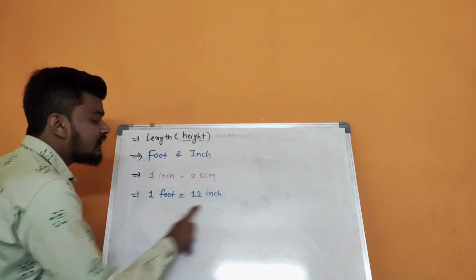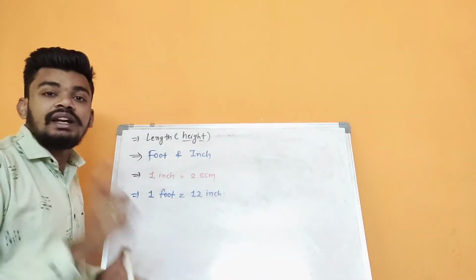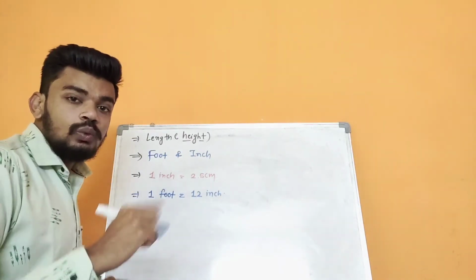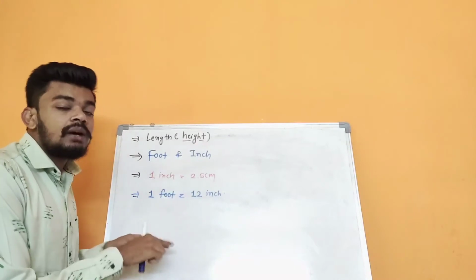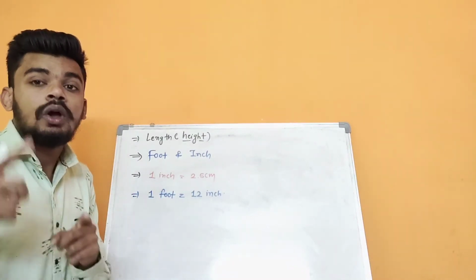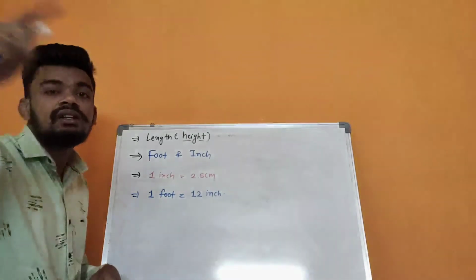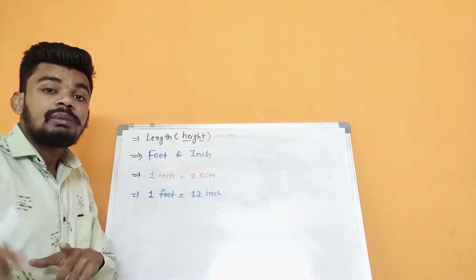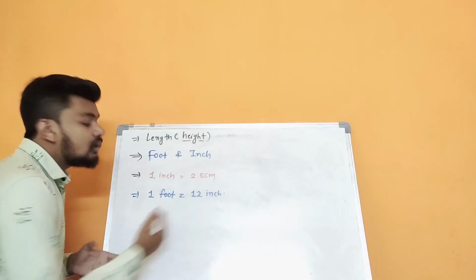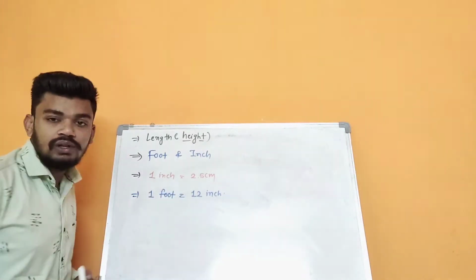So here we saw that 1 to 12 inches is 1 foot. So that means 30 centimeter is equal to 1 foot. If you look at rulers, it is given 0 to 12, and above the 12 inches you will see 30 centimeter. So 12 inches is equal to 30 centimeter, and we have seen that 12 inches is equal to 1 foot.